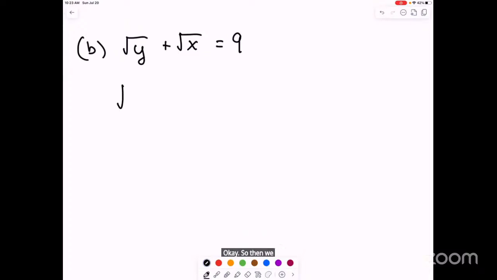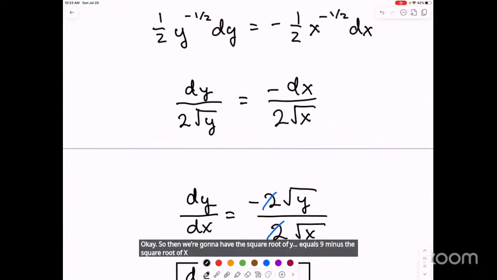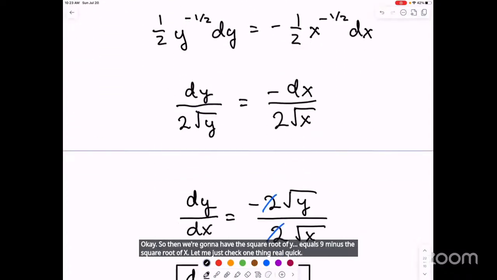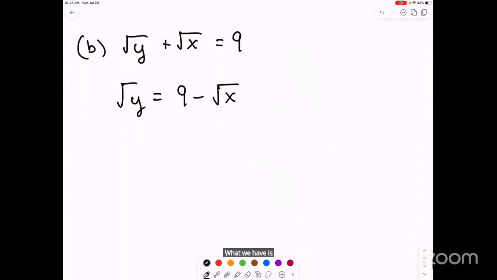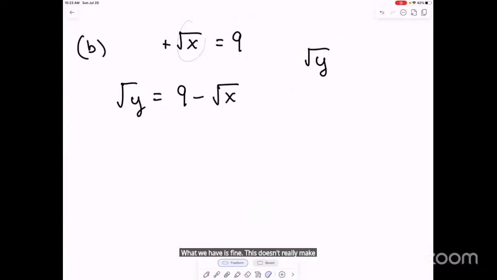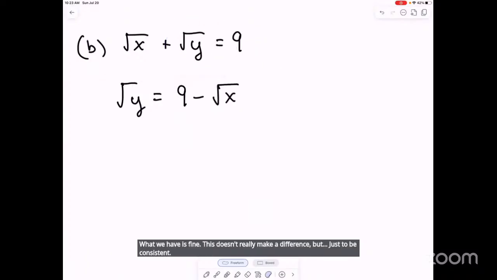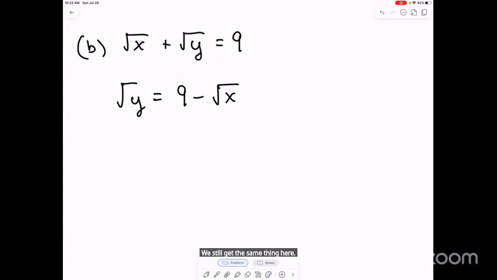So then we're going to have the square root of y equals 9 minus the square root of x. That's fine, what we have is fine. Subtract the root x, and then square both sides.